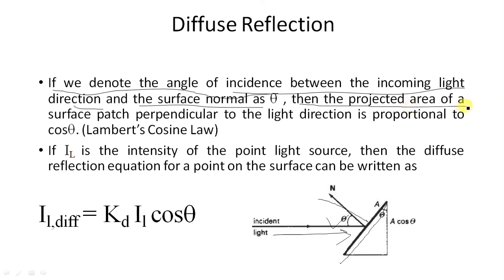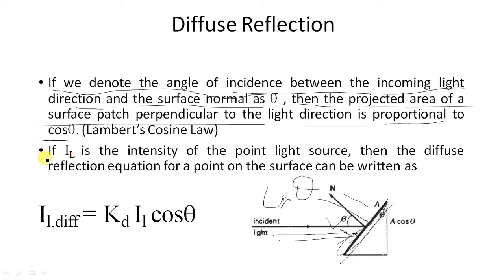Then the projected area of a surface patch perpendicular to the light direction is proportional to cos theta. So the color of a surface is proportional to the cosine of the angle between the surface normal vector and the direction of the light, which is cos theta.